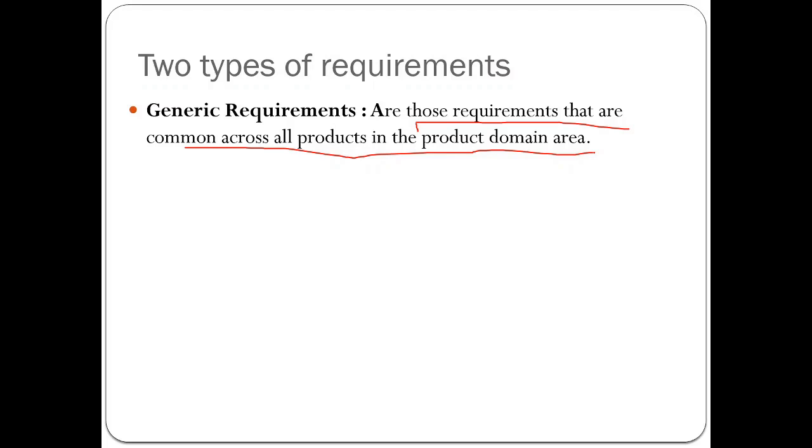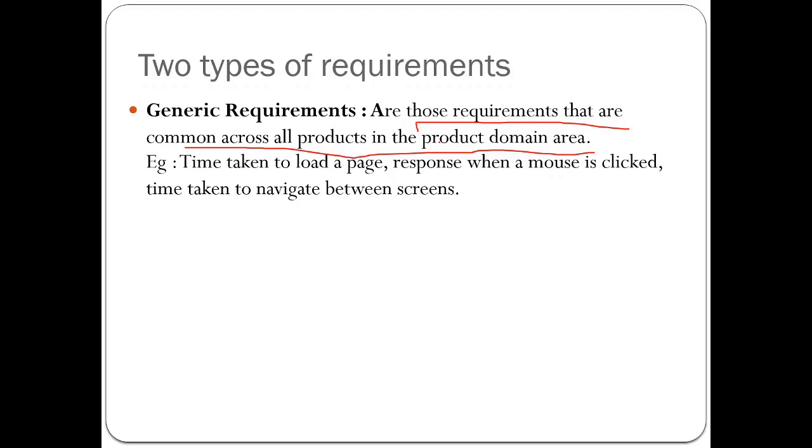So the requirements which are commonly used in the product domain area, those requirements you're going to select and check how the performance of those requirements is. Like time taken to load a page, or response when a mouse is clicked, or time taken to navigate between screens. So these factors you are going to consider to perform this requirement testing.